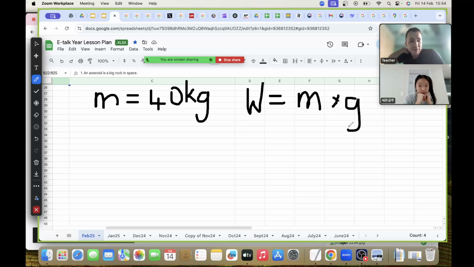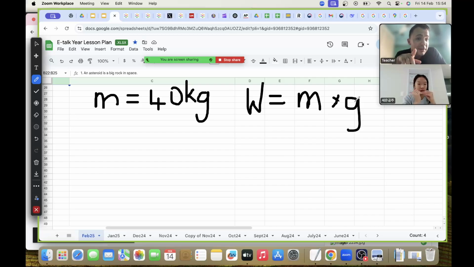So let's look at the Earth first. Earth's G is higher than the moon's G. So which weight is going to be more? Your weight on Earth or your weight on the moon? Weight on the moon is going to be what? Lighter. Yes, good.